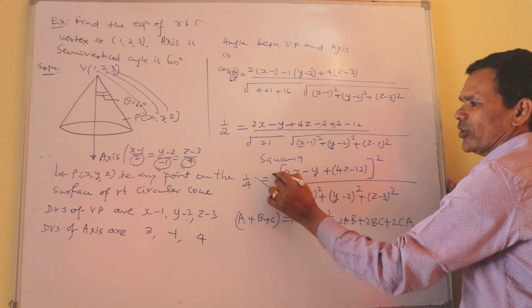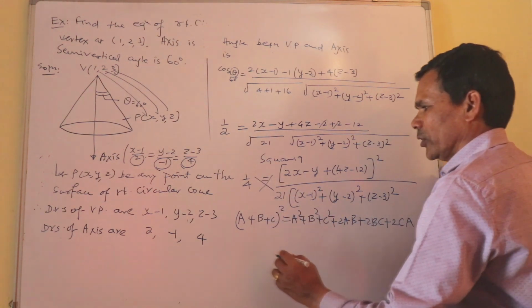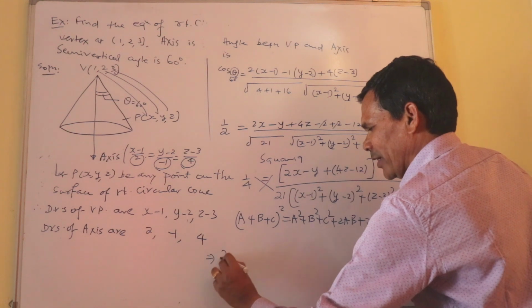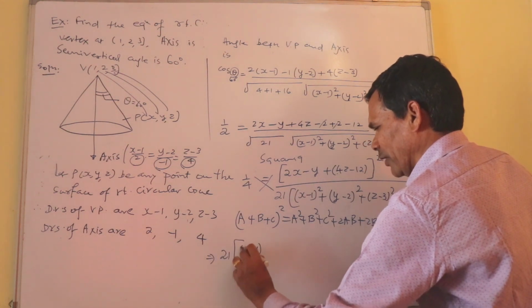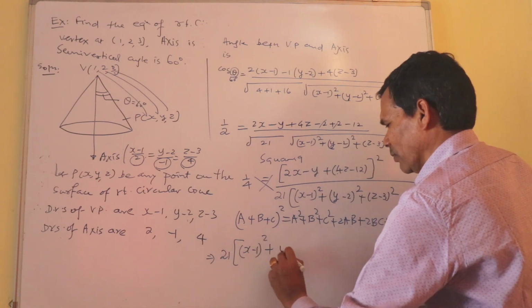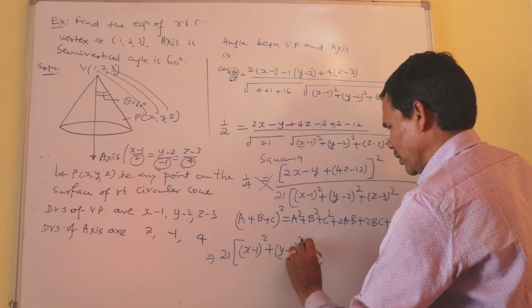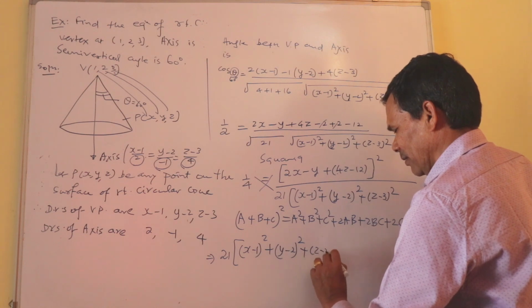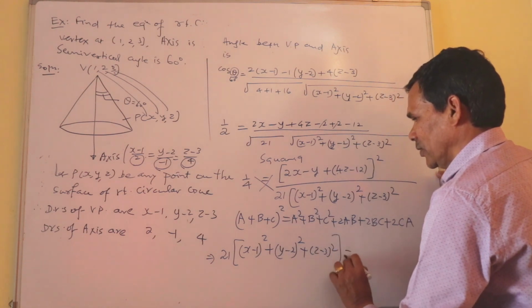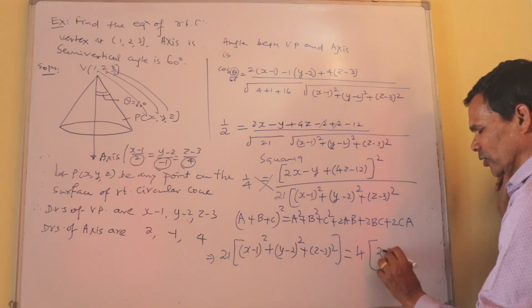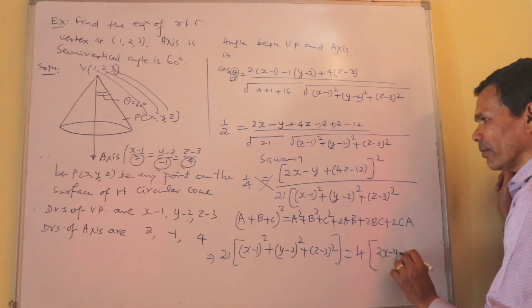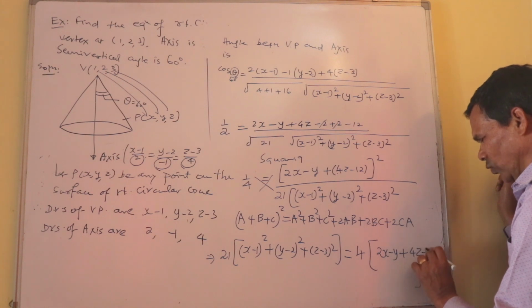So I just take the cross multiplication here. So this implies 21 inside the bracket, you are getting (x minus 1) square plus (y minus 2) bracket square plus (z minus 3) bracket square, and this is equal to 4 times (2x minus y plus 4z minus 12).